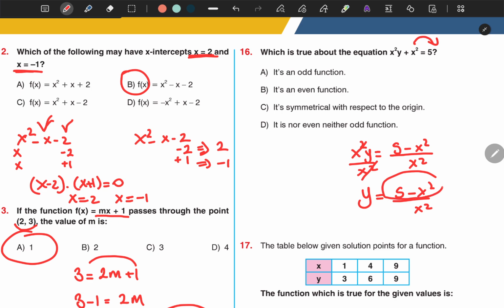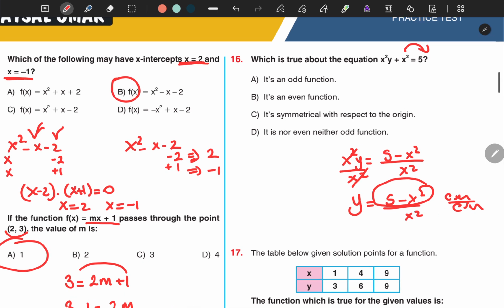Look, up part is even. Down is even. Guys, even by even. It means that even, isn't it? Okay. So, f is the odd? Wrong. F is the even function? Yes.